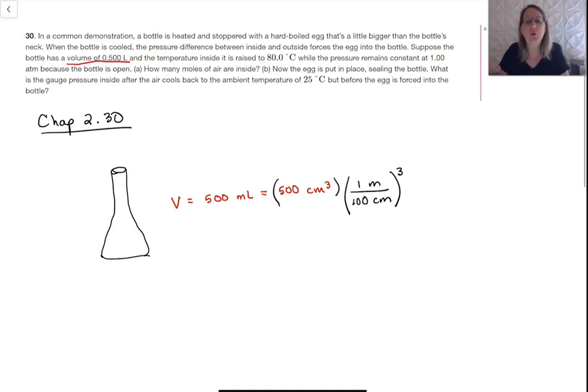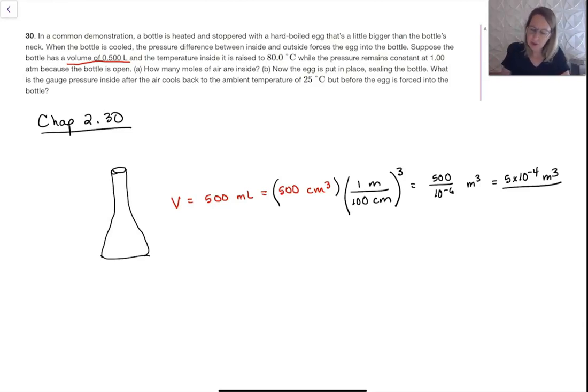So I need to cube this. And so when I do this, I get 500 over 10 to the minus 6, that would be cubic meters, or I would write this as 5 times 10 to the minus 4 cubic meters, okay? So 500 milliliters is 5 times 10 to the minus 4 cubic meters.